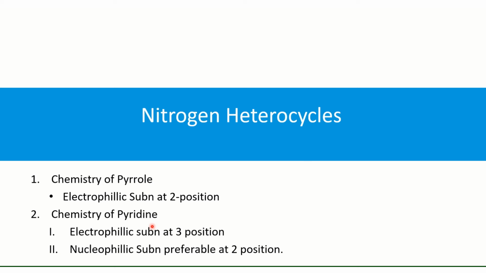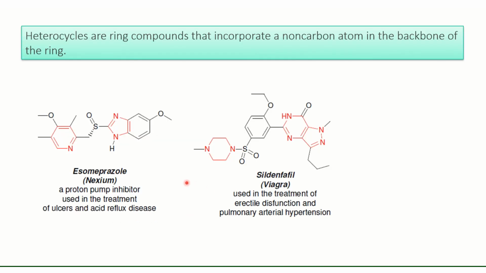We're going to look at electrophilic substitution, and we're going to look at nucleophilic substitution on the substituted halopyridines. So why do we want to look at heterocyclics? They're everywhere. For example, these are some newer drugs, newer in the sense of the past two decades, that are making a difference.